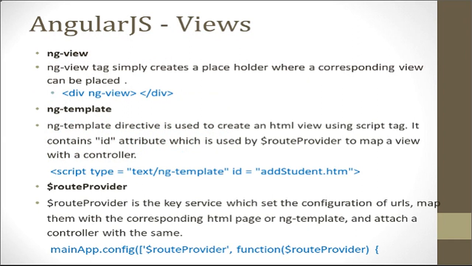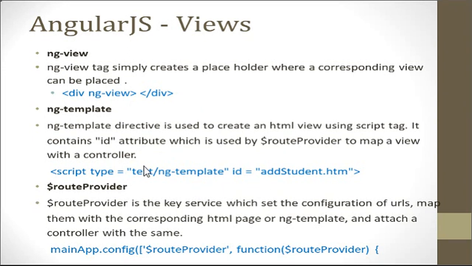So just see here my ng-view. The ng-view tag simply creates a placeholder where the corresponding view can be placed. So for this purpose we will use ng-view. My second part is ng-template. The ng-template directive is used to create an HTML view using a script tag.